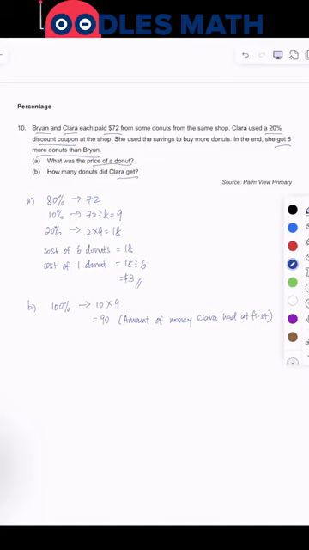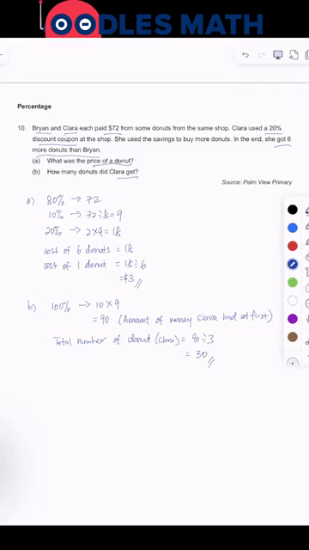So with this amount of money, the total number of donuts bought by Clara will be 90 divided by 3, where 3 is the cost of each donut. And therefore, we find that Clara actually bought 30 donuts. So this is the answer for question 10.